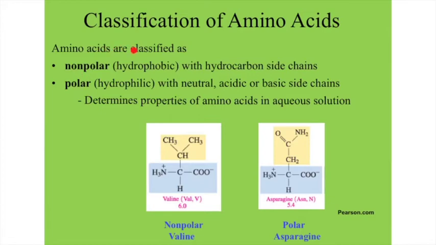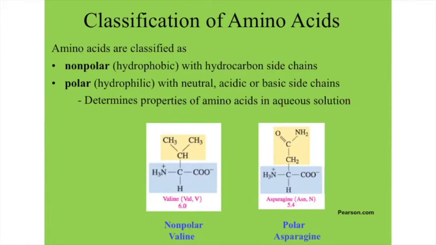Okay, then the other classification is polar amino acids. And there's 3 within this classification. You have your polar neutral amino acids, polar acidic amino acids, and then your polar basic amino acids. Whether they're classified as nonpolar, polar, polar acidic, polar basic, polar neutral, that determines the properties of the amino acids in aqueous solutions.